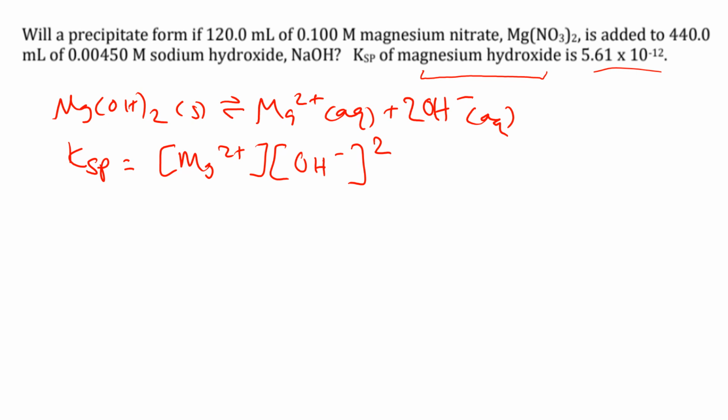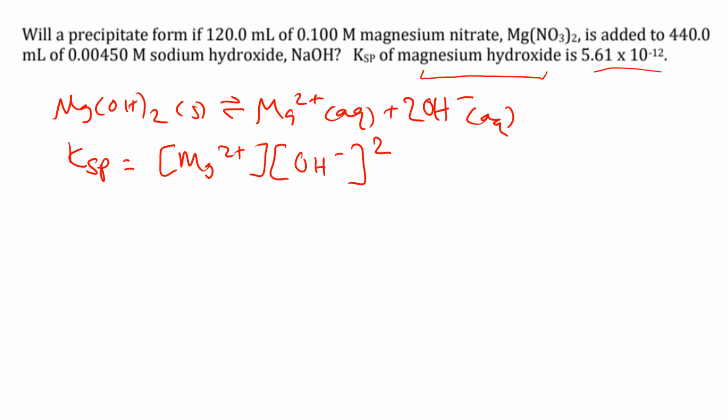They give us two concentrations and two amounts. So we need to find the concentrations in the solution, because when you add two solutions together, they'll dilute, so you need to find the new concentrations. Then from there, you can solve the problem.